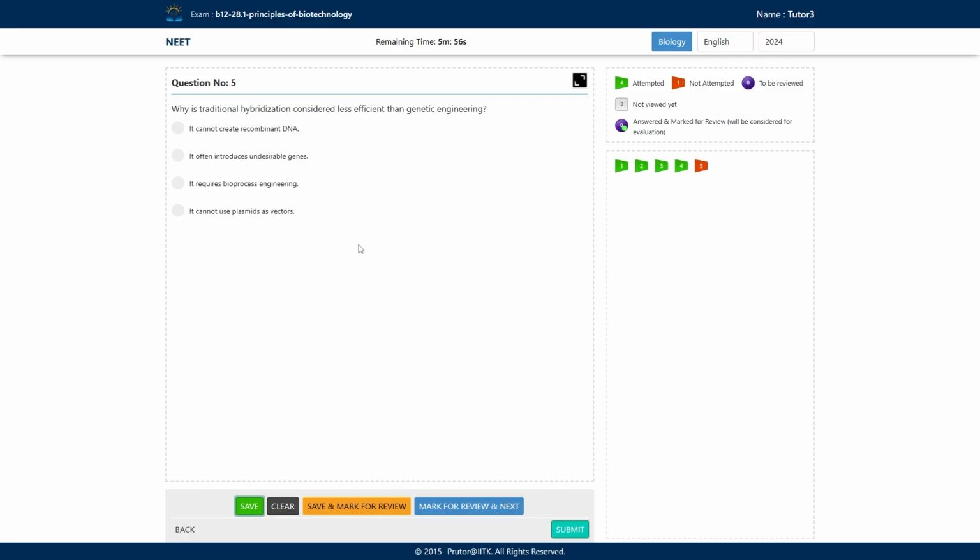Second, it often introduces undesirable genes. Yeah, it could create recombinant DNA, but it often includes undesirable genes. Third option, it requires bioprocess engineering. Yeah, everything requires bioprocess engineering. It cannot use plasmid vectors. No, the answer is second. It often introduces undesirable genes, and that is the answer.